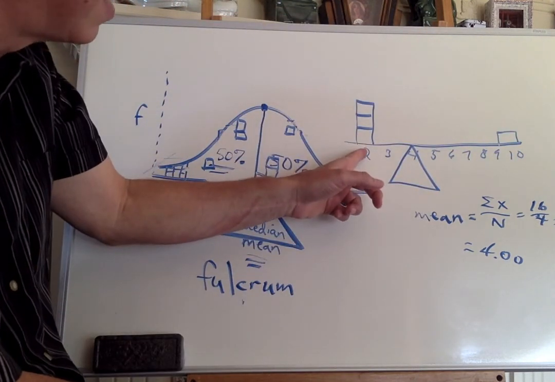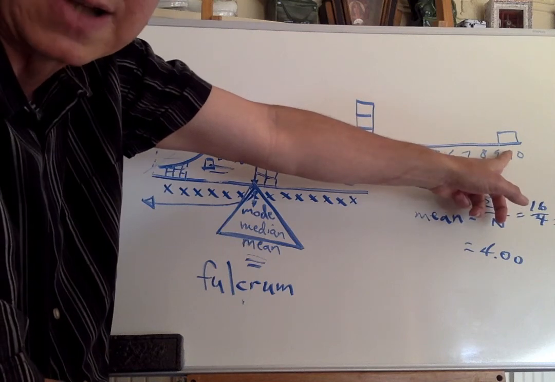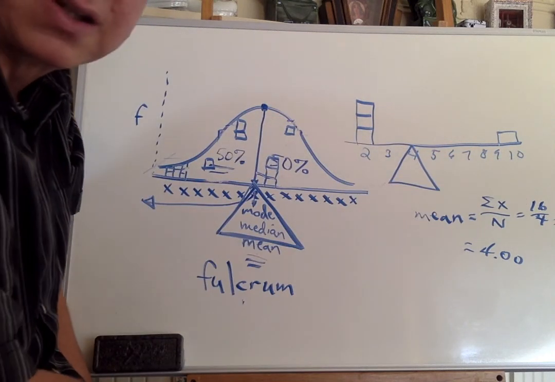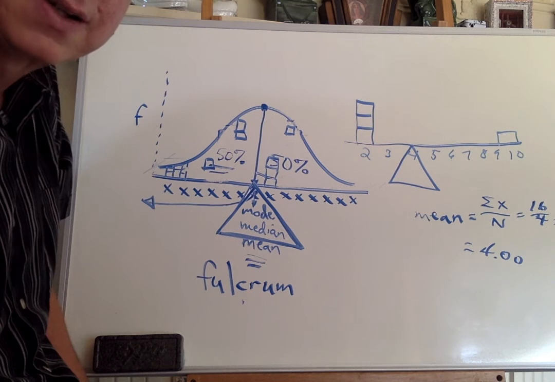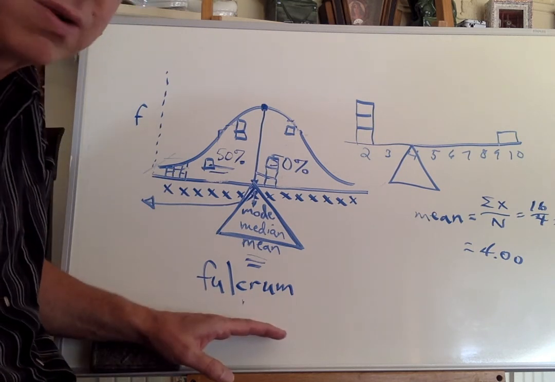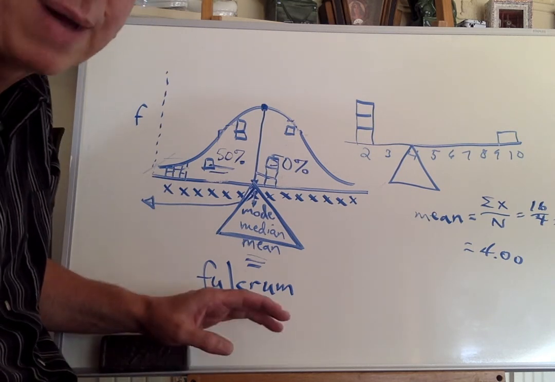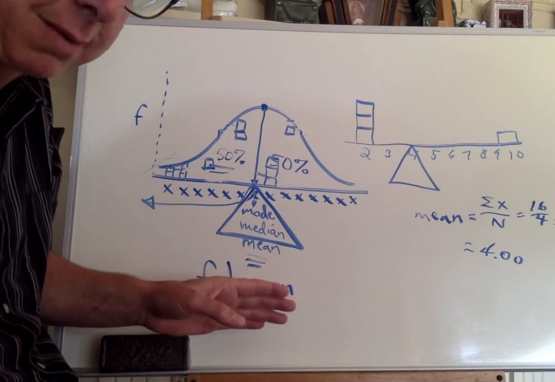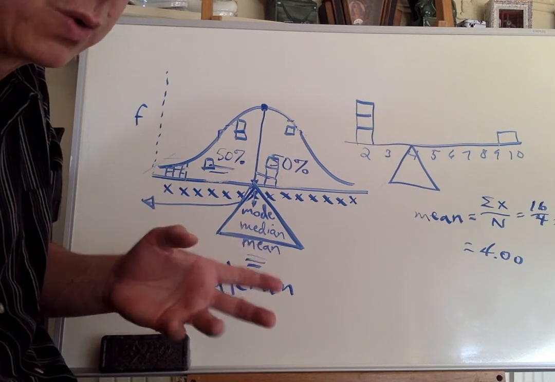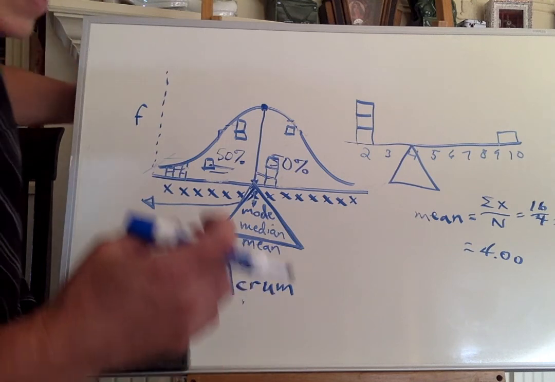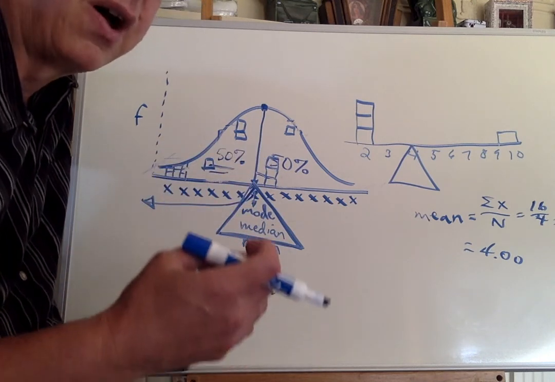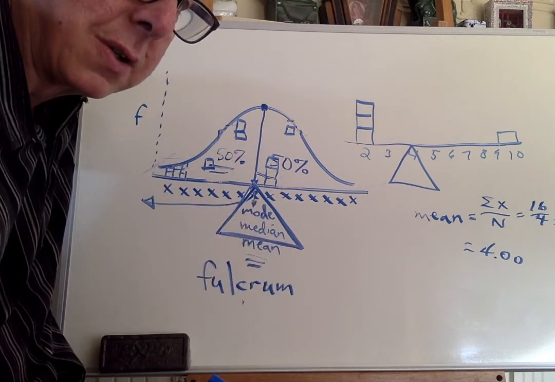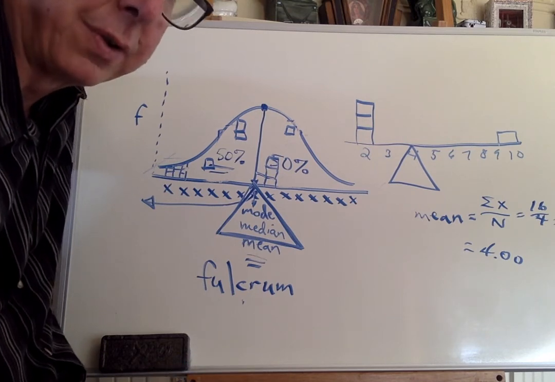There's 3 blocks on this side. There's 1 block on this side, okay? So it doesn't balance the number of blocks. But it is the fulcrum. It is the balance of something. Well, I'm here to tell you what it is, okay? It is the balance of the deviations from itself.